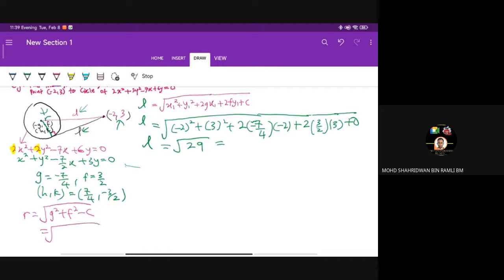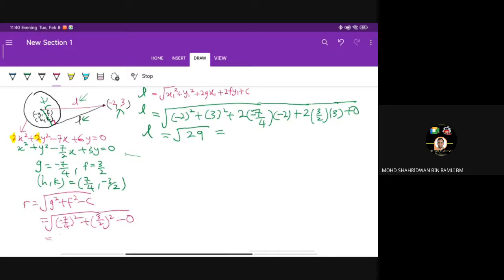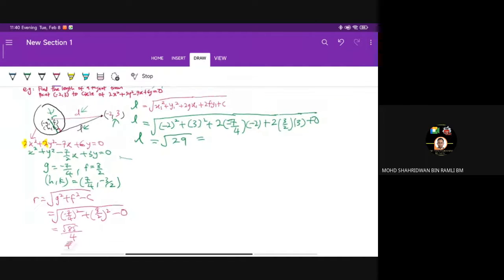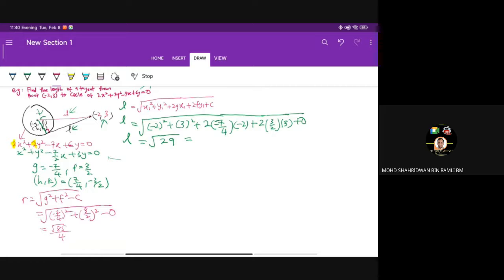Your g here is negative 7 over 4, squared, plus your f here is 3 over 2, squared, and then minus c. C here is 0. So you have your R here equal to square root of 85 over 4.